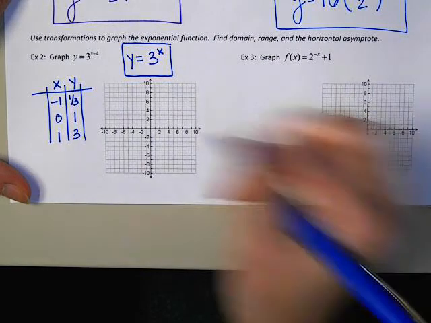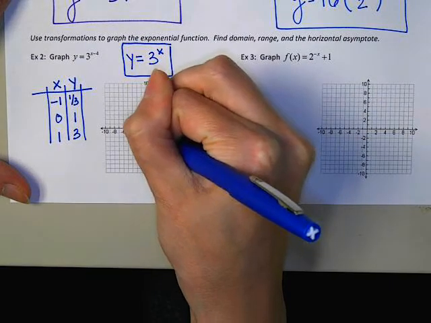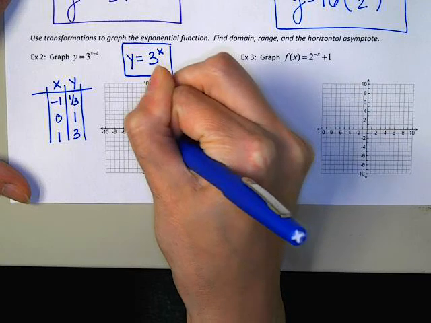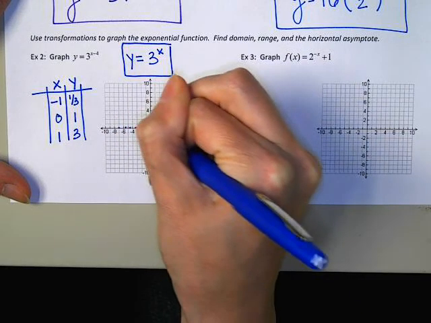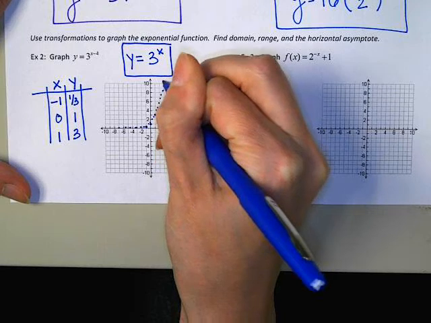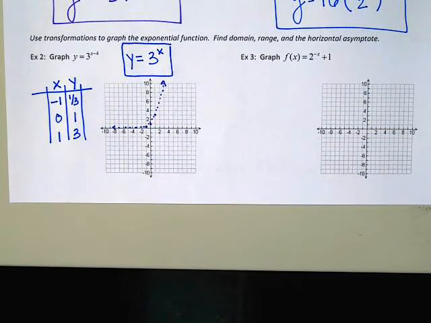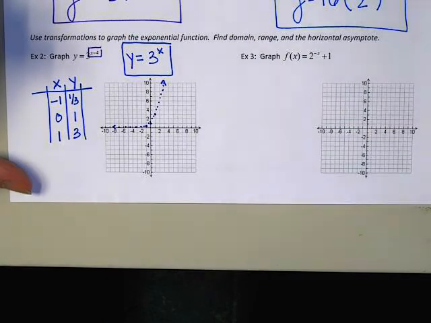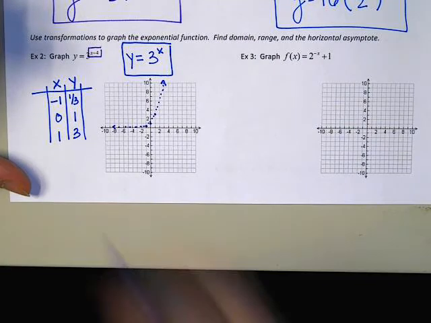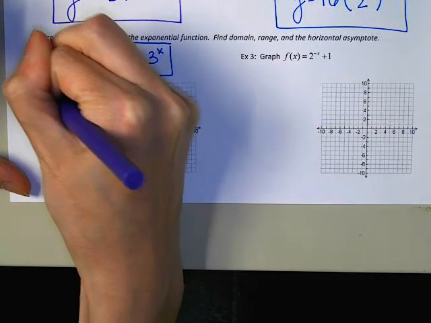And I'm going to go ahead and graph that. (-1, 1/3), (0, 1), and (1, 3). And I'm just going to make a dotted line because that's not really our answer. That's just our parent function. Okay, now the transformation, you guys know that this means we're shifting everything right 4. So all of our x's, we're going to add 4.